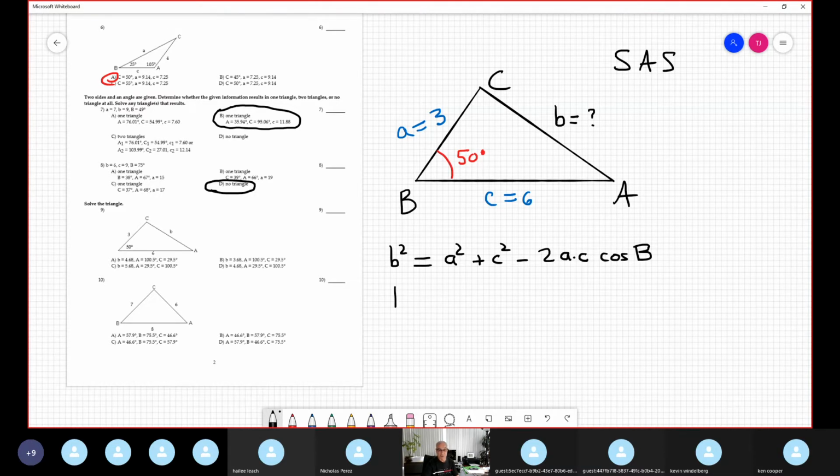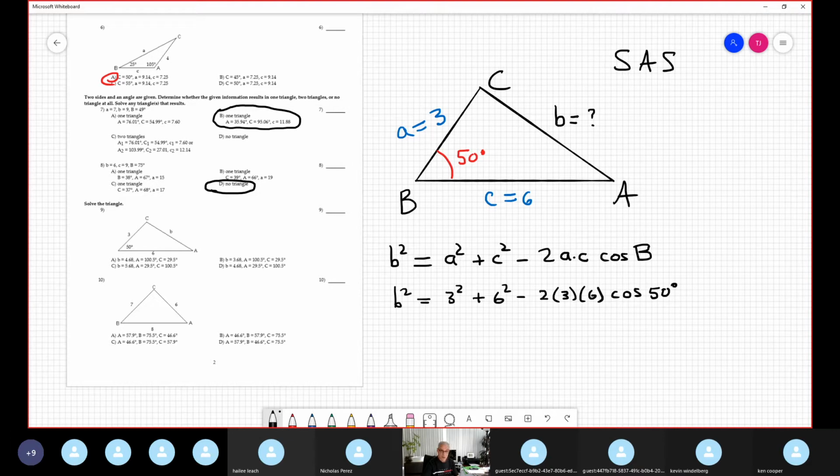Who is b? No idea. Who is a? a is 3 squared, it's 9. Plus c squared, 36. Minus 2 times the multiplication of both, 3 and 6, cosine 50 degrees.